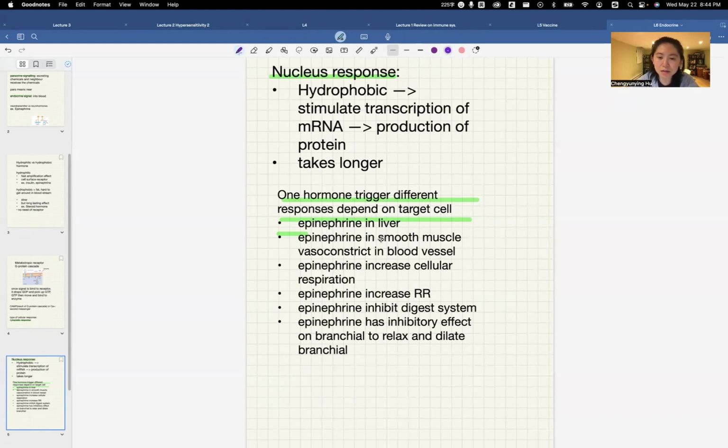At the smooth muscle, there will be vasoconstriction. In the cells, it increases cellular respiration; at the skeletal muscle, it increases respiration rate. It inhibits the digestive system, and it has an inhibitory effect on the bronchial, relaxing and dilating the bronchial.